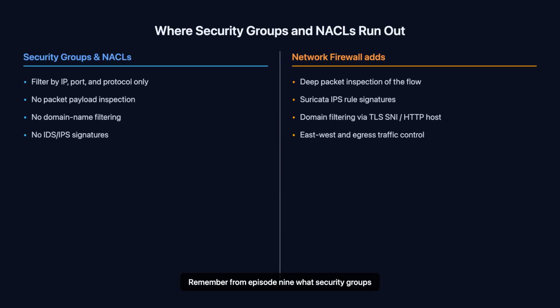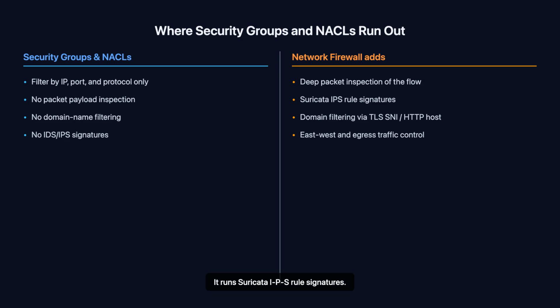Remember from episode 9 what security groups and NACLs actually do. They filter by IP, port, and protocol, and that's the whole toolkit. No payload inspection, no domain name filtering, no intrusion prevention signatures. Network Firewall picks up exactly where they run out. It inspects the payload deep inside the flow.